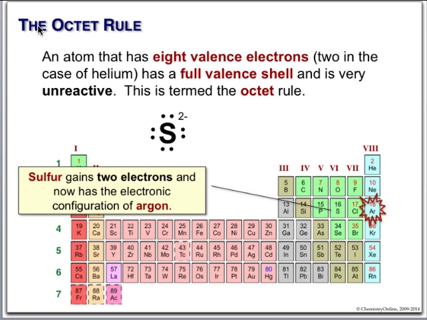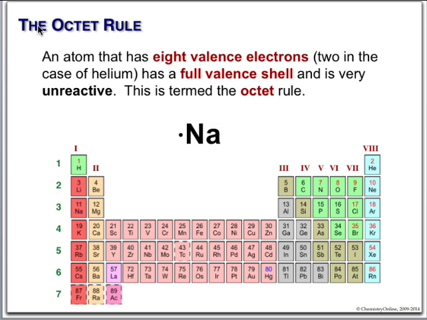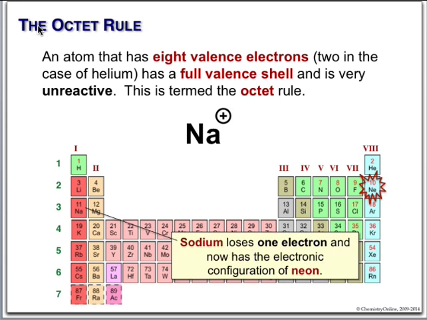We started here, and by gosh, we're all the way over here to argon again, aren't we? Sodium, we started here, and we lost this electron. What that does is move it up to the previous period and down here to neon. So this has the same configuration as neon.